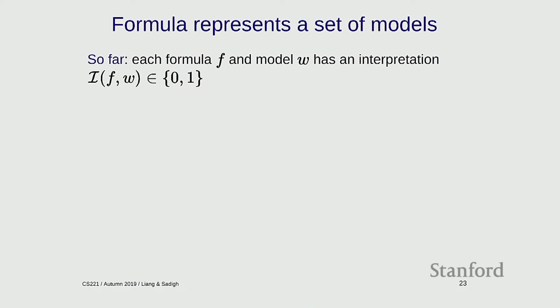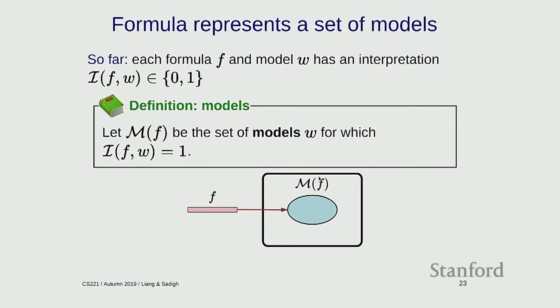So while we have the interpretation function and it defines everything, it's really going to be useful to think about formulas in a slightly different way. We're going to think about a formula as representing the set of all models for which the interpretation is true. Okay?